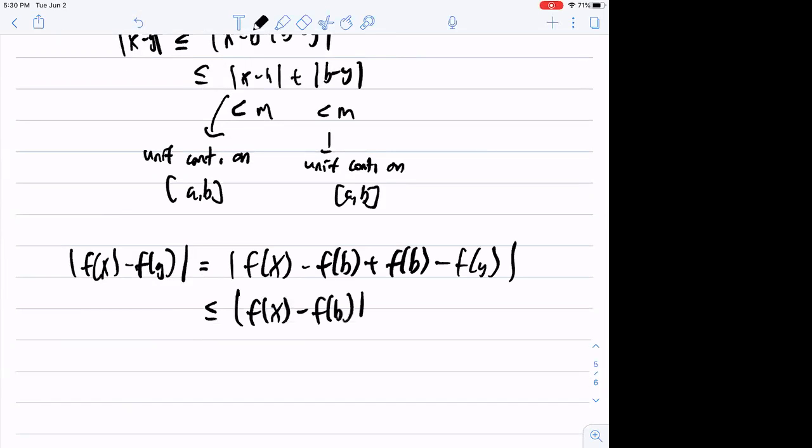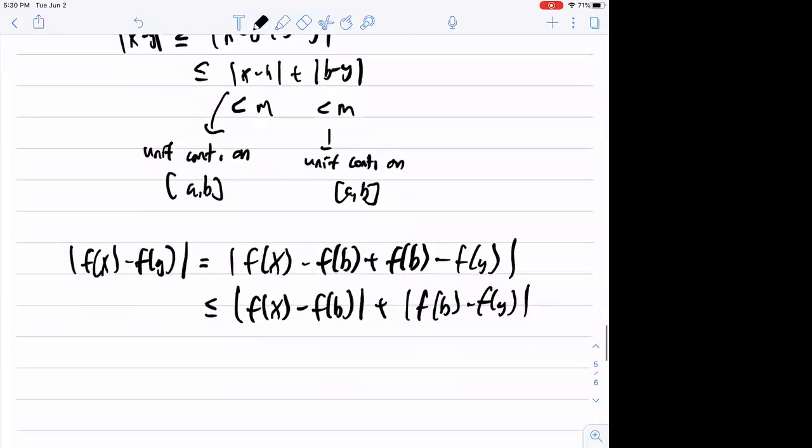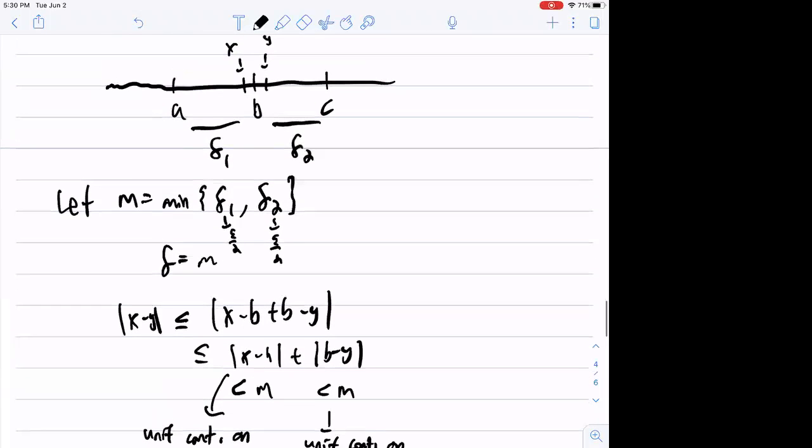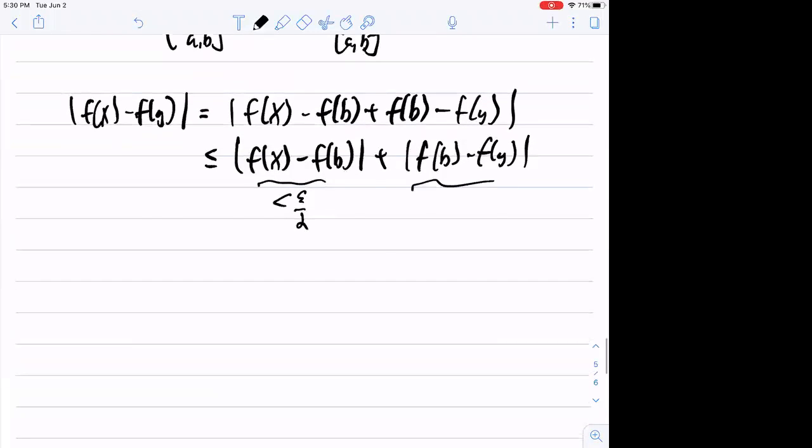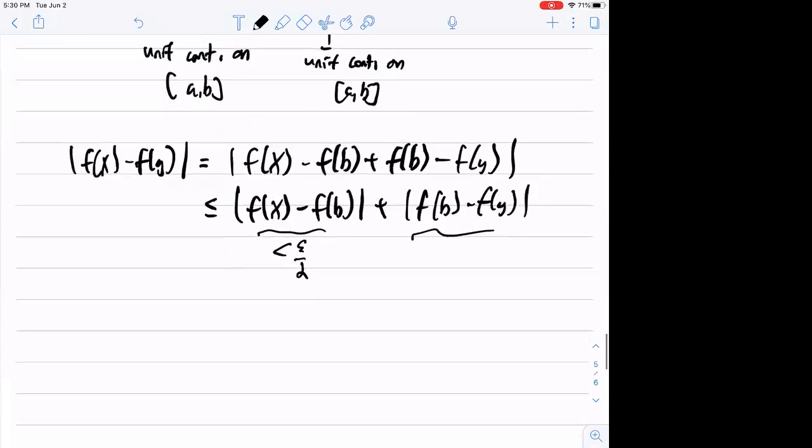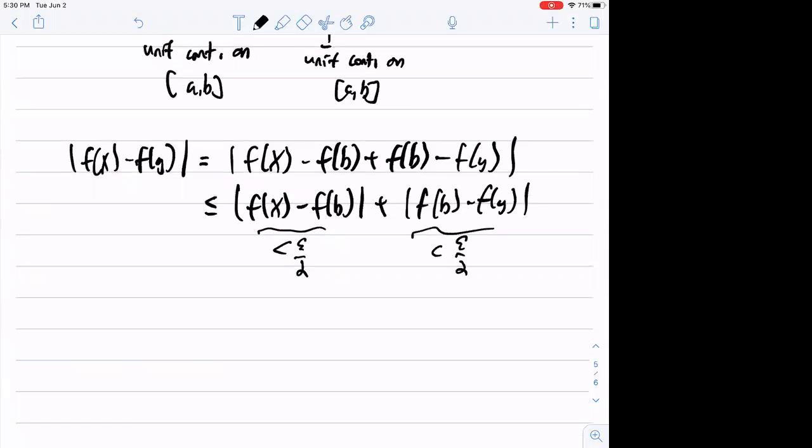Sorry, I mixed up domain and image for some reason. So because this is less than m, this thing is less than epsilon over 2, because m was the minimum. So if you're less than m, you're less than delta 1. And then from here, we chose it for epsilon over 2. So this is less than epsilon over 2, so it's less than epsilon.